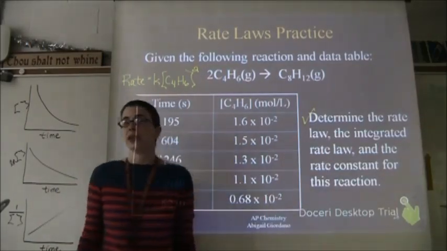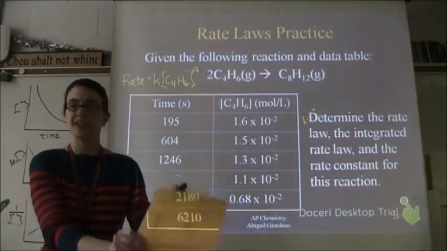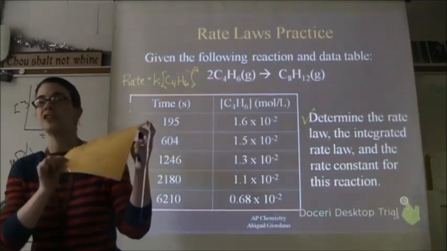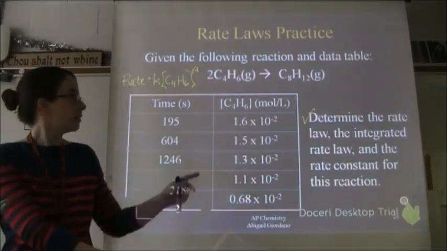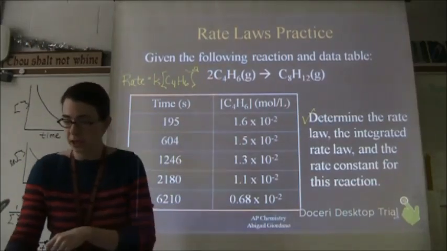Determine the integrated rate law. Nothing to memorize, it's here. The only thing you need to change is instead of writing the letter capital A in the brackets, put what the reactant actually is.